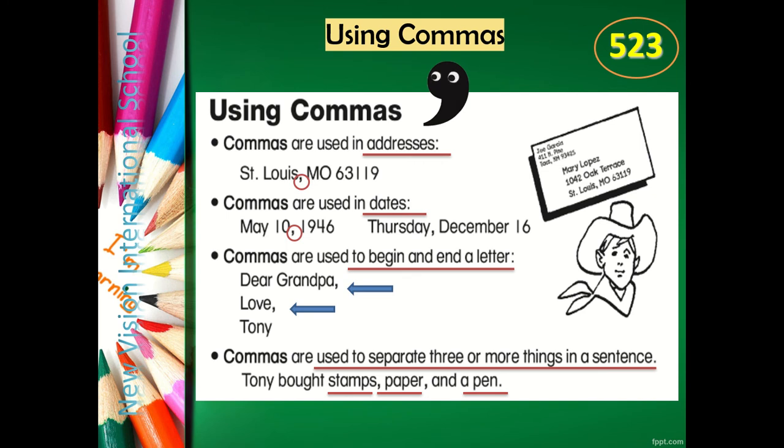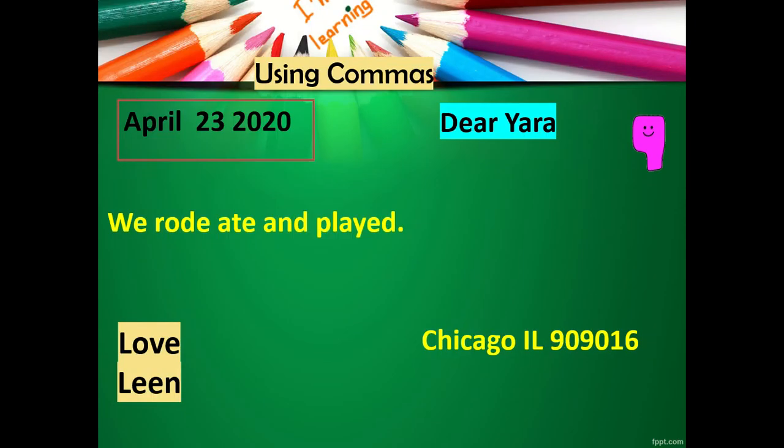Now let us try. I have here examples. All you need to do is to guess where you're going to put the comma. So I have the date, April 23, 2020. So where are you going to put the comma? Very good. We put a comma right after the date 23.